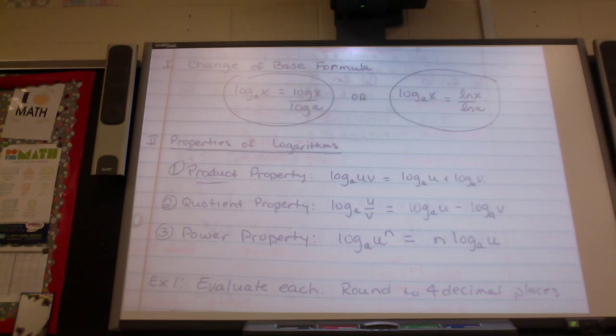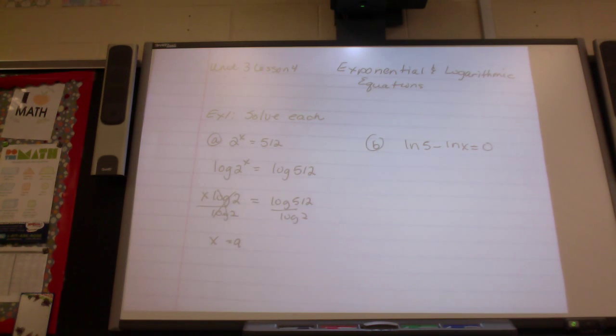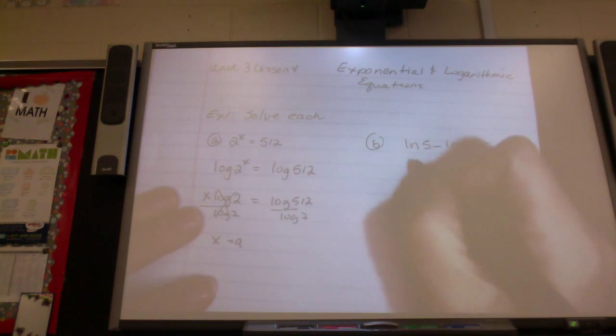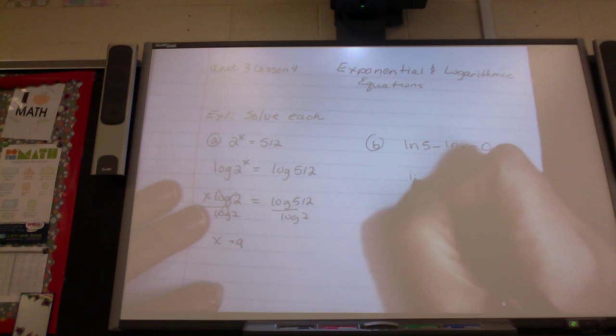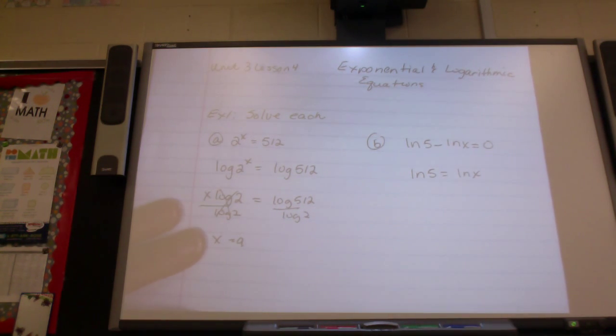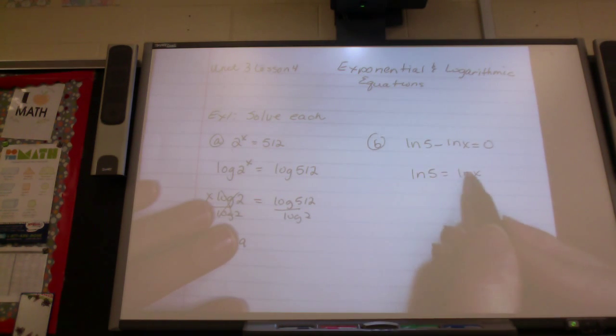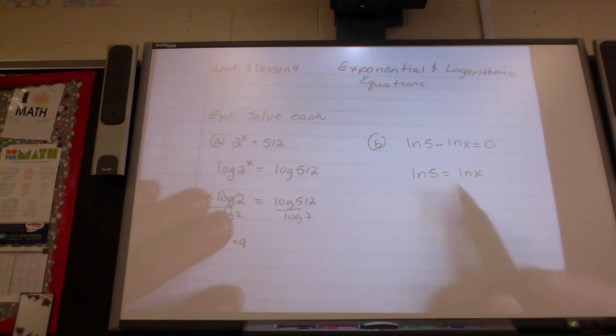What are we going to do with the second one? Anyone have this answer? Have any ideas what to do? Would you add ln x to those? Yep, add ln x to both sides. And divide by ln? Well, actually, we can't divide by ln, these go together. That'd be like taking the square root of 2 and dividing by 2. But what do you know?